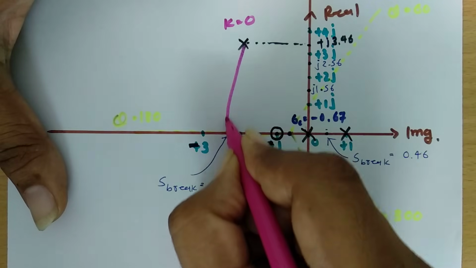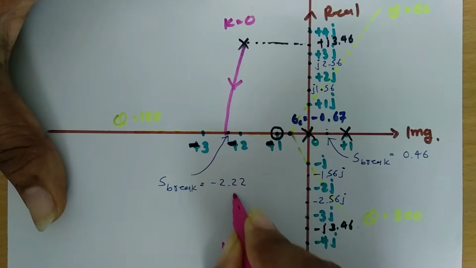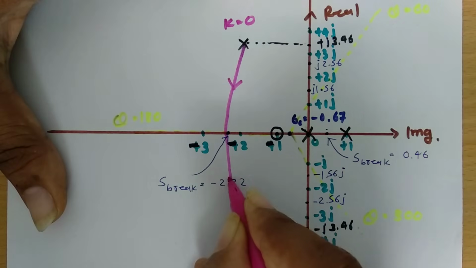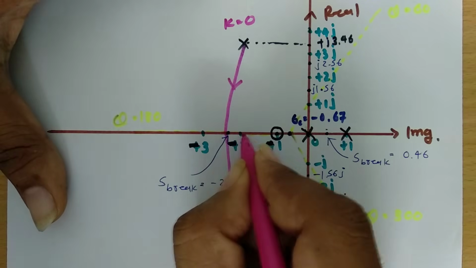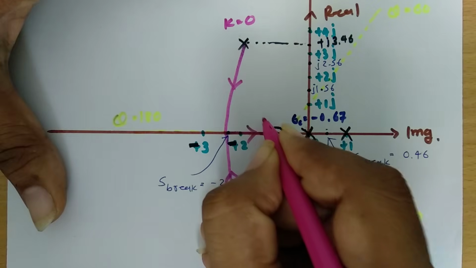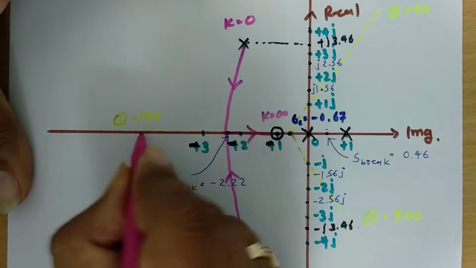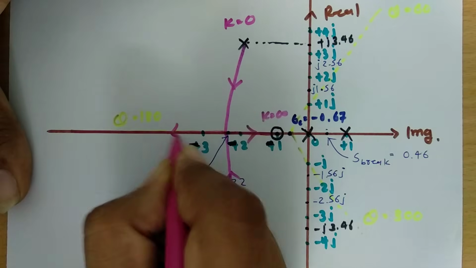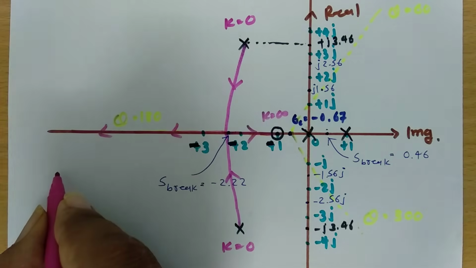After the breakaway, one line will get enclosed to the zero where k equals infinity, and one line will go to the 180 degree asymptote where k equals infinity.